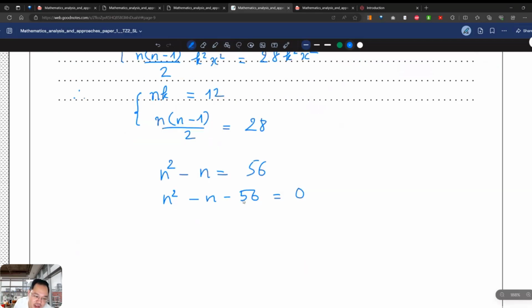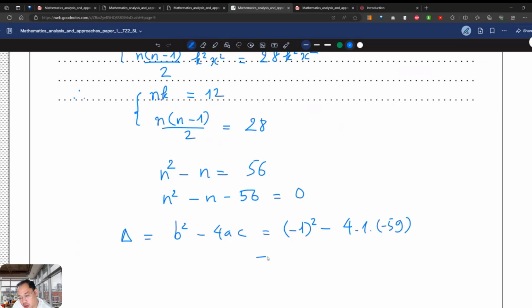Solving this using the discriminant delta equals b squared minus 4ac equals minus 1 squared minus 4. a is 1 and c is minus 56. 4 times 56, oh sorry, not 59, 56.